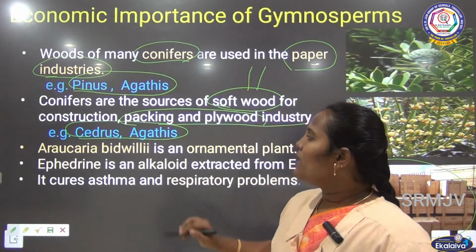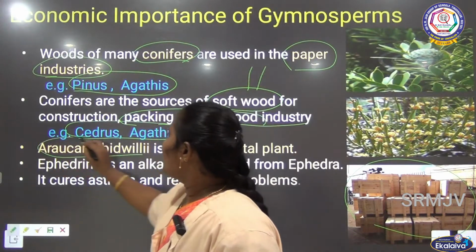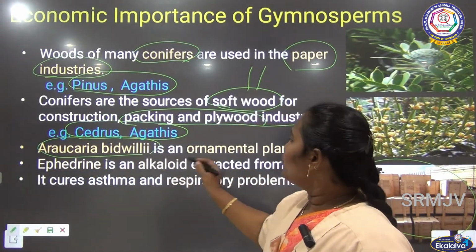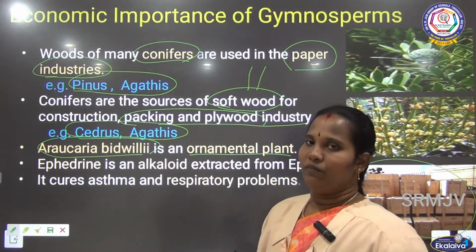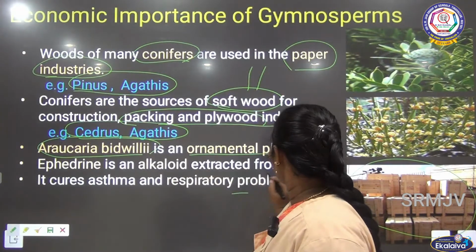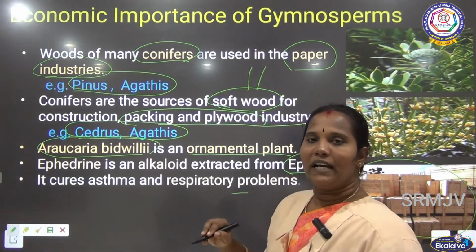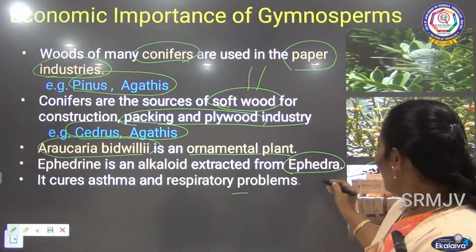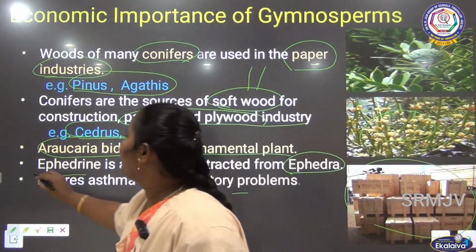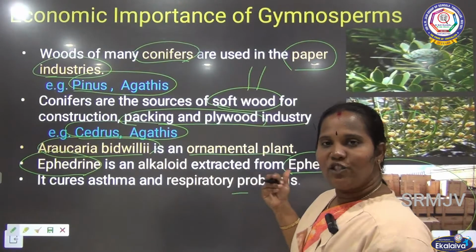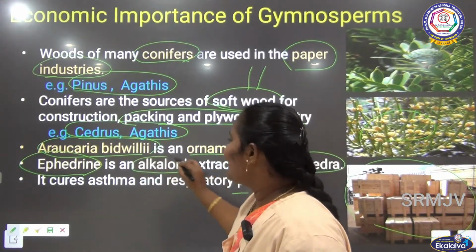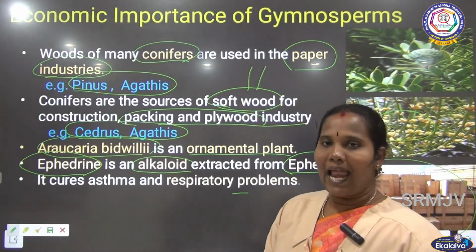Then next one is Araucaria bidwillii. This is one of the gymnosperm family. This plant is used as an ornamental plant. Next plant is Ephedra. This Ephedra is used to prepare ephedrine. Ephedrine is actually an alkaloid.